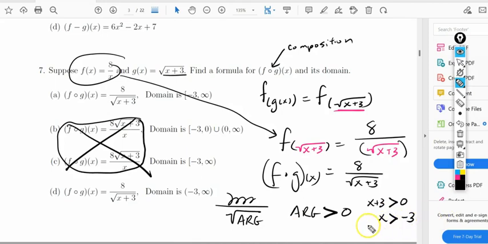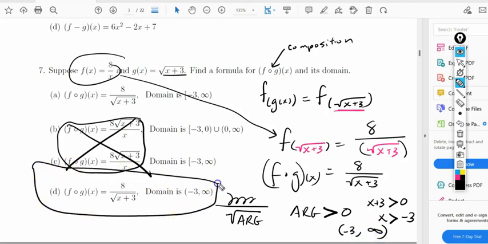So we start at, but we do not include negative 3, and then everything to the right. So that's going to be this one. Okay, now notice the only difference here is the symbol. The square bracket is, you would have included negative 3. So the answer to 7 is D.